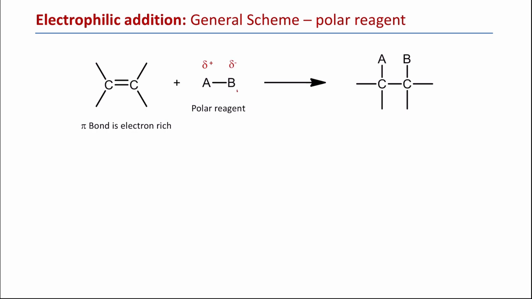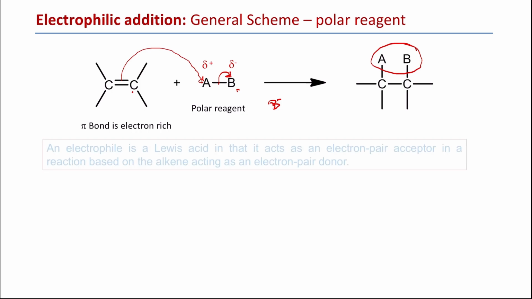Of course, B here will be the more electronegative atom or group of atoms, and A is the less electronegative one. In this general scheme, the double bond is going to attack the partially positive atom, while the other one is going to leave as a negatively charged ion. A will be added first to one of the carbons, and then B will attack the other carbon, and that will lead to formation of the addition product, where A is added to one carbon and B is added to the other one.